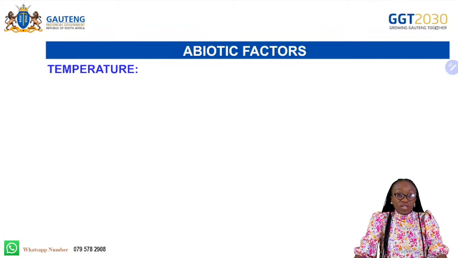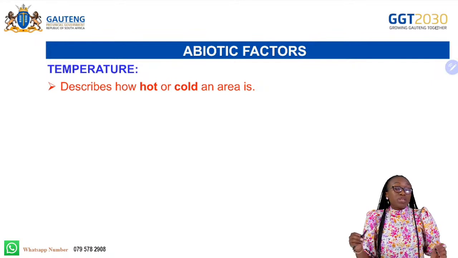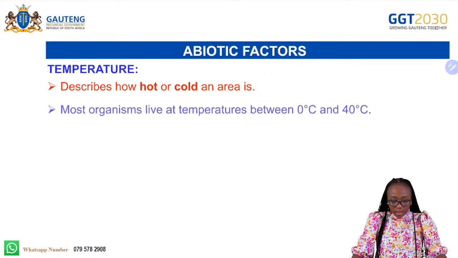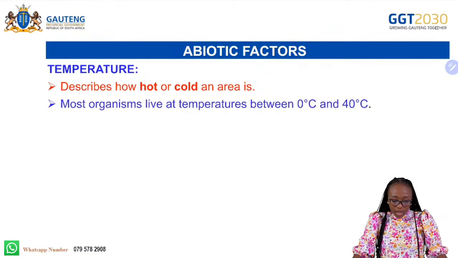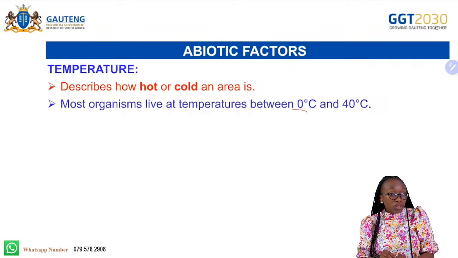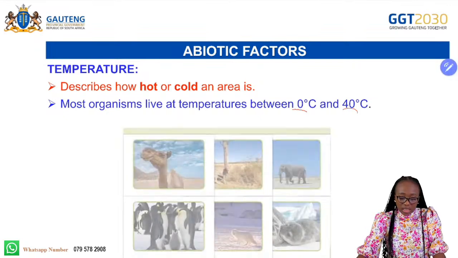So the first abiotic factor is temperature. Temperature basically describes how hot or how cold an area is. Most organisms live at temperatures between 0 degrees Celsius and 40 degrees Celsius. Temperature also means climate.